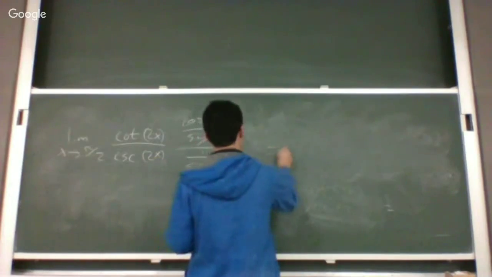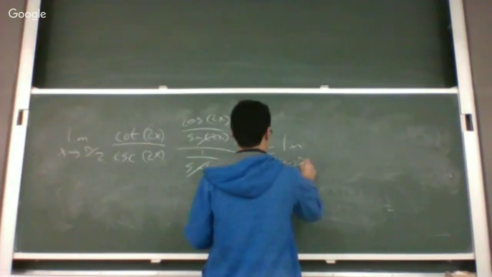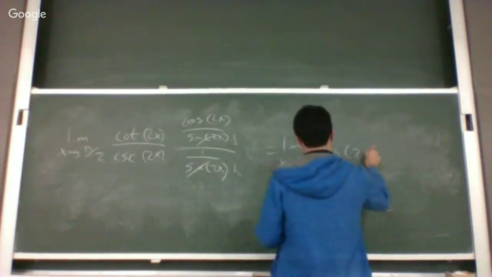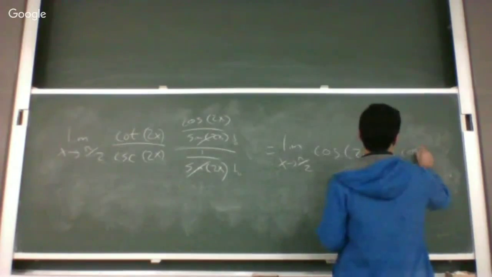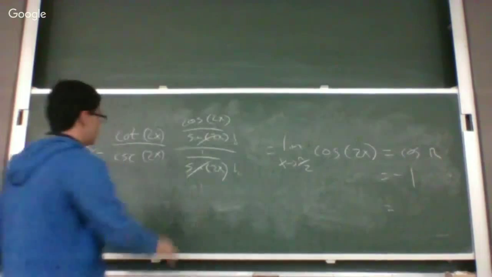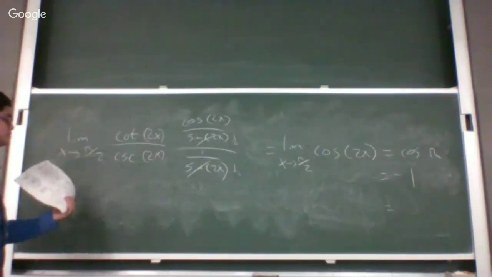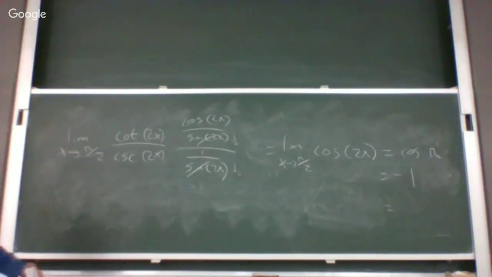We are left with the limit as x approaches pi over 2 of cosine of 2x, which is cosine of pi, which is equal to negative 1. So in this case, you are able to simplify it, so you get negative 1 as your answer. If you couldn't simplify it, and I can't think of an example, or I haven't seen any, then it does not exist if it repeats over and over. Any questions on that?